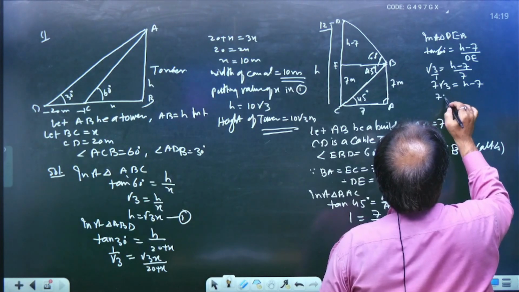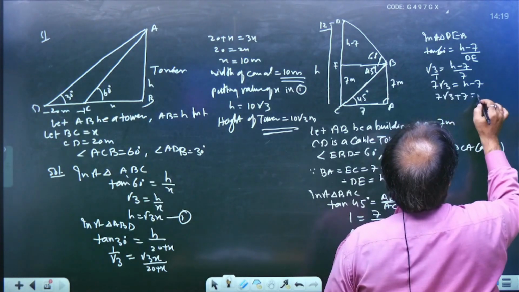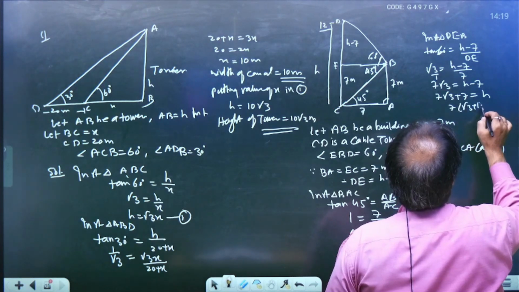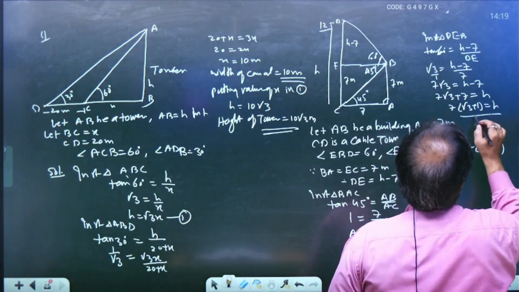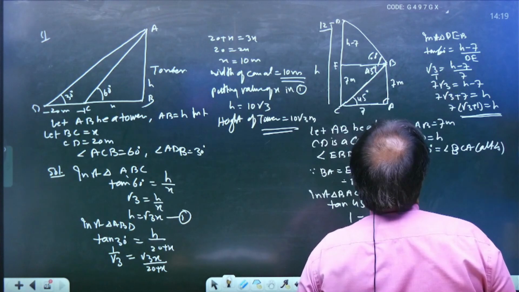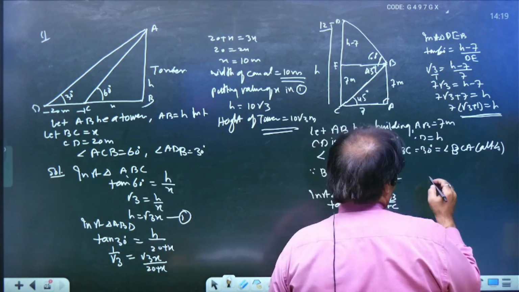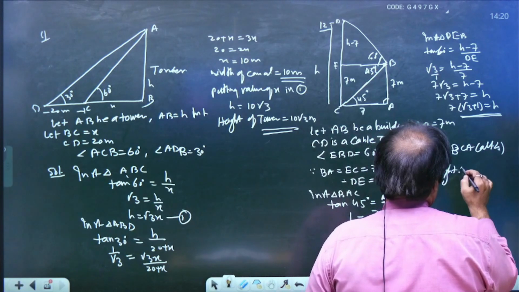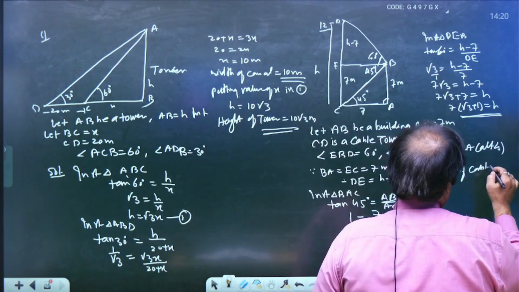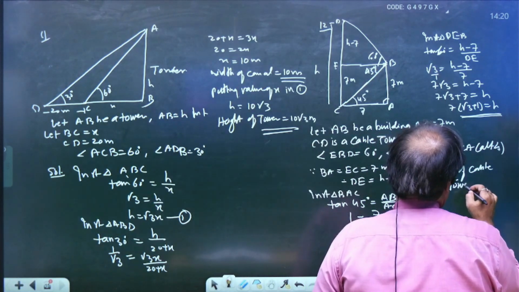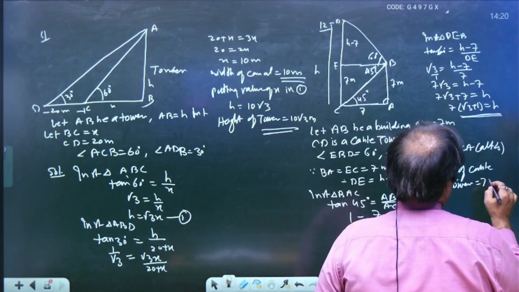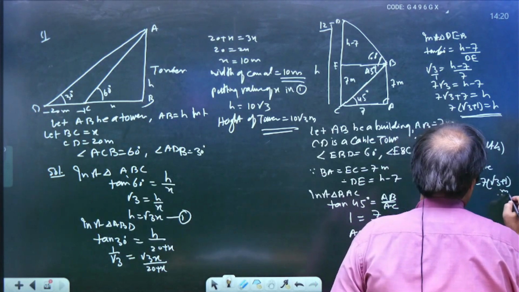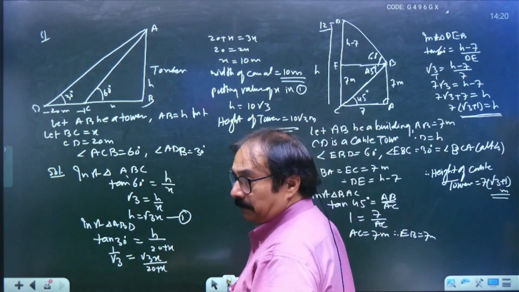Now do the like term. 7 root 3 plus 7 is equal to H. Take 7 as common. So 7 times root 3 plus 1 is equal to H. So this is the height of the cable tower. So you may write, therefore height of cable tower is equal to 7 times root 3 plus 1 meter, and this is the answer of question number 12.